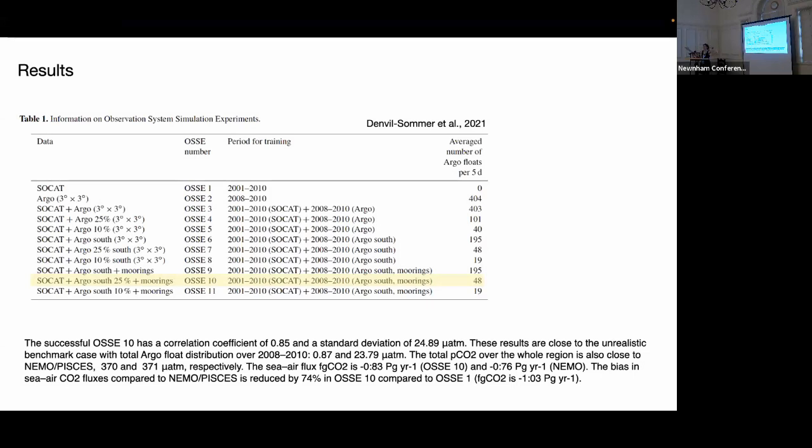It's a simulation where you test different observational systems. In the paper, we tested many more than the three designs we're testing here; we tested 11. We started with what we are using, SOCAT data only, so only ship-based data. Then we said, what if we just have Argo floats? And then a combination of the ship-based data as well as Argo floats.